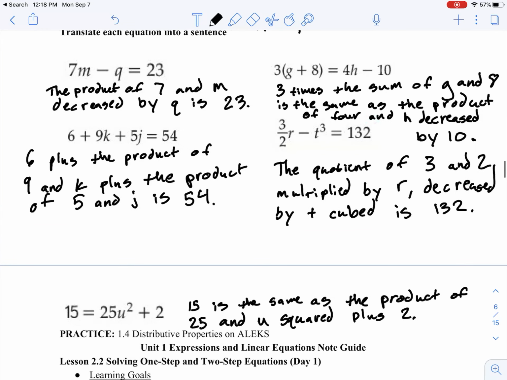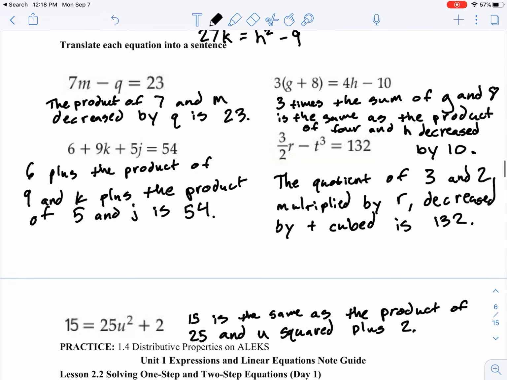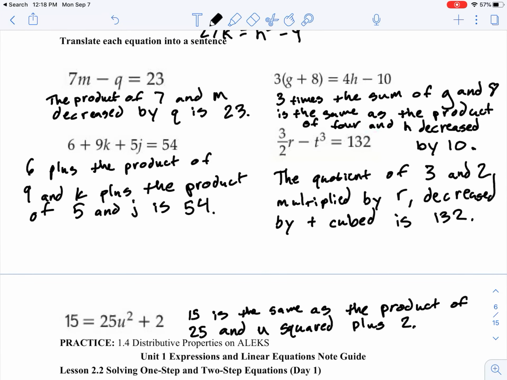That is how I would write those out. Again, if you want to try them a different way and then check them, you're free to do that at any time. But that's just a few examples of what you could do.